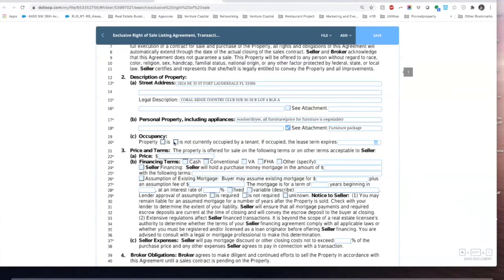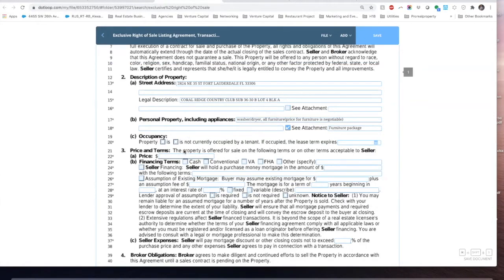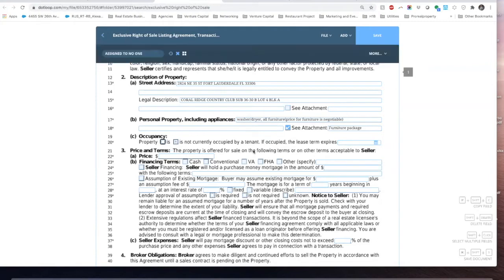Then the next point is occupancy. This covers whether the property is or is not currently occupied by a tenant, and if it's occupied, then you need to specify the terms of the lease. If it's not occupied, you don't need to specify it. If there is no lease in place, you basically say it's not currently occupied.